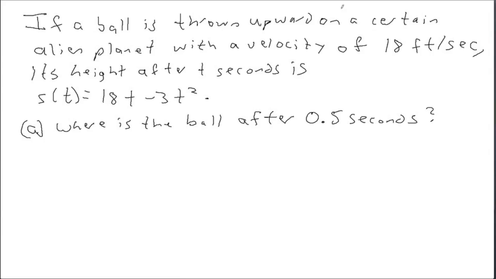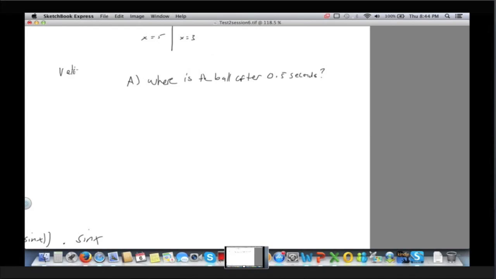So I'm just going to write A. Where velocity equals 18 feet per second, and S of t position function.